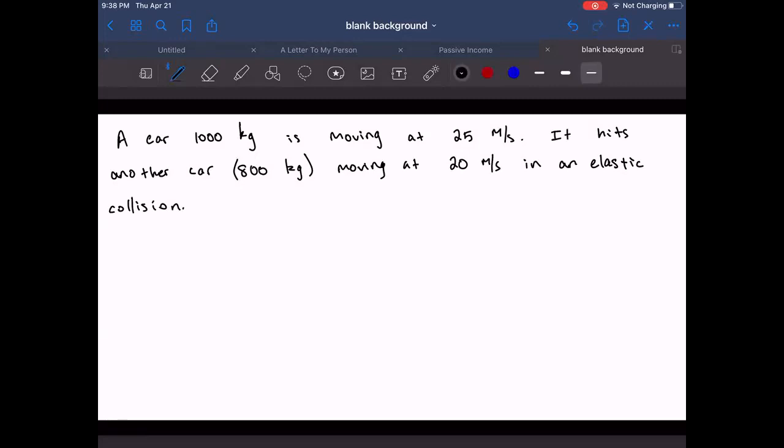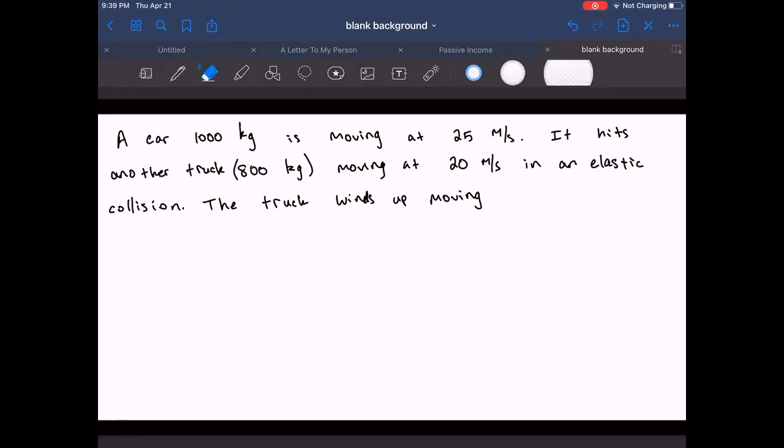Okay, hits another car, say it's a truck, and the car winds up moving a bit faster because it transfers some of its energy.